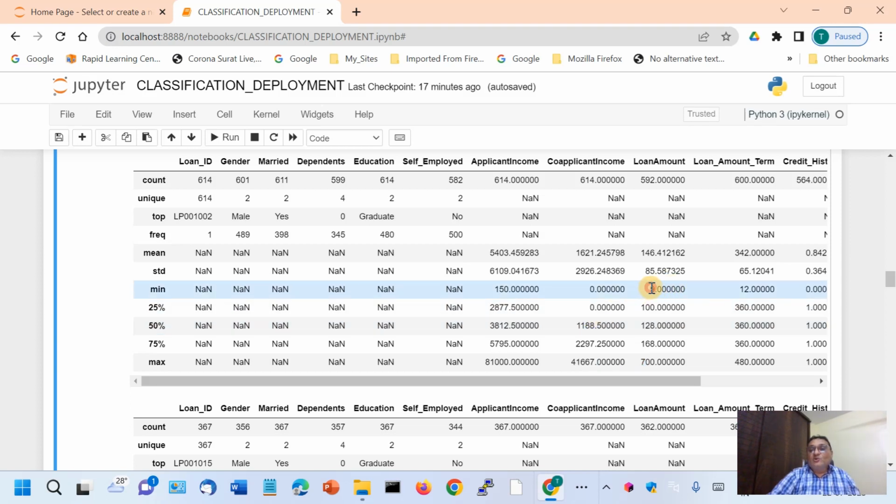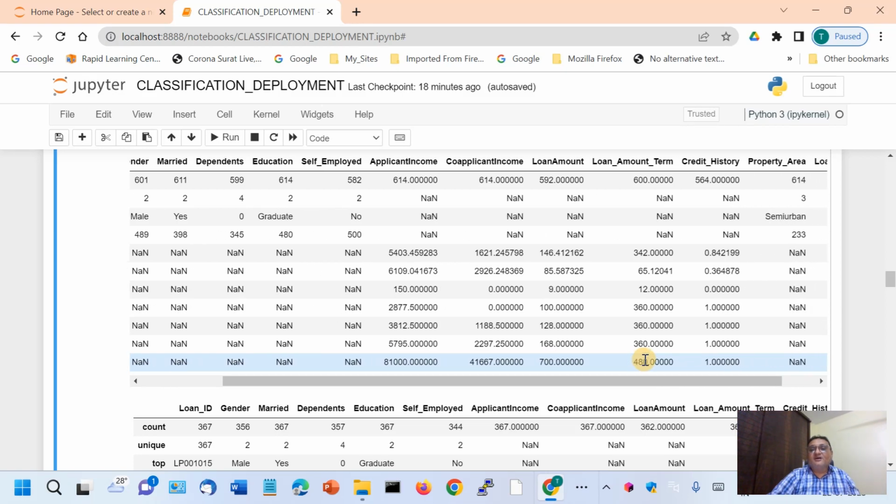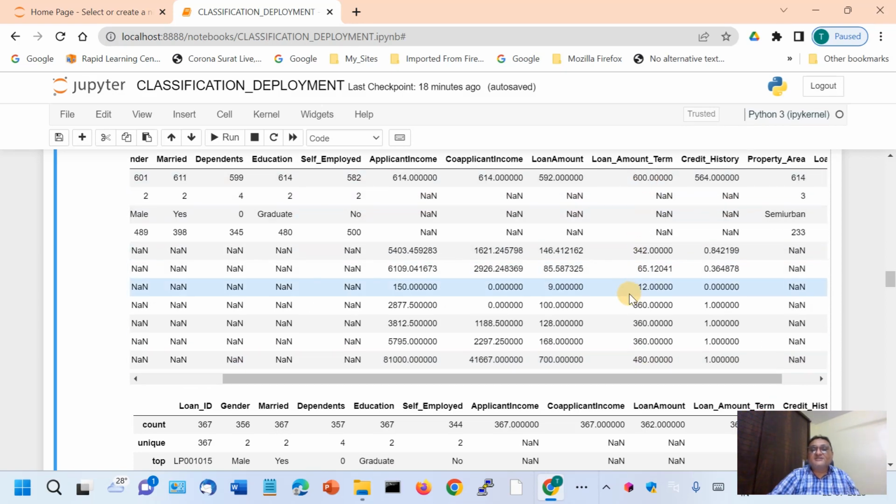Okay. Then loan amount minimum value is 9. And remember this loan amount is in $1,000. So 9 means $9,000 to maximum amount is 700. So $700,000, or that means 7 lakh dollars in our Indian number system.